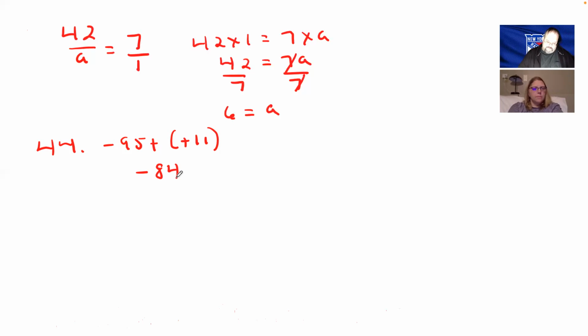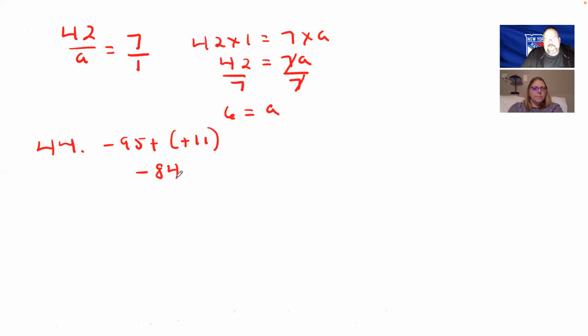I might have to just double check. I'm used to using my calculator these days. Negative 95 plus 11, yeah, negative 84 for that one. So when you're subtracting a negative number, just change that into plus positive.